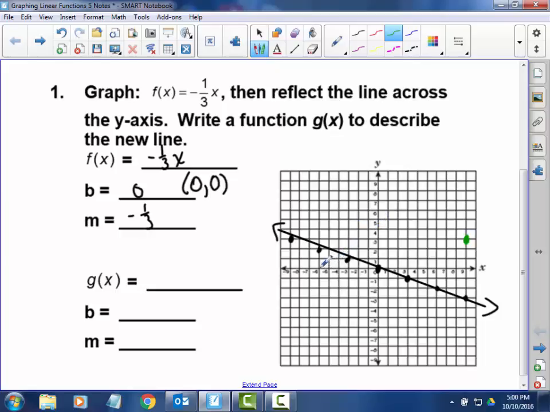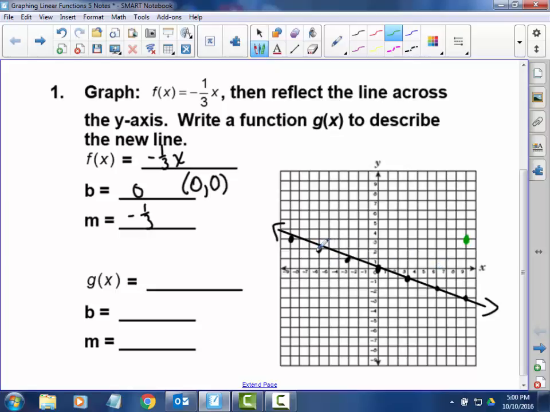You can also look at it this way. This coordinate was negative 9, positive 3. This coordinate is positive 9, positive 3. So what we're really doing is we're changing the x value to the opposite of what it was on the other side of the y-axis. So we're at negative 6, so we would be at positive 6.